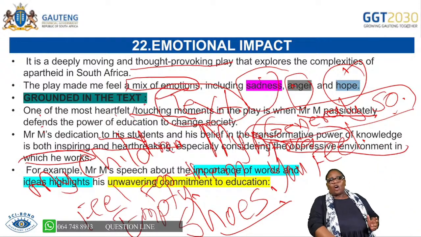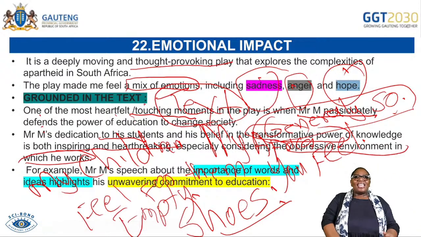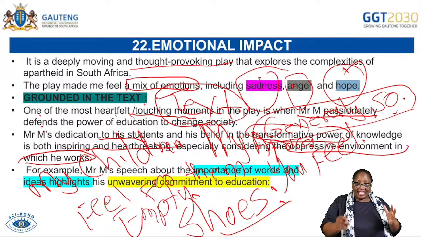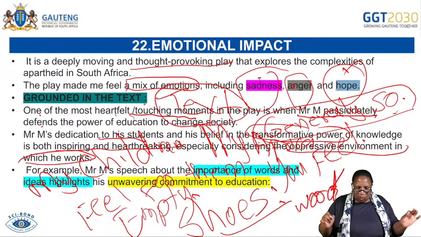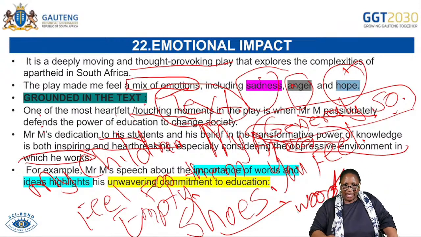Look at the beginning of the play, when he said, order, order. When he highlighted the importance of words and ideas, that highlights his unwavering commitment to education.